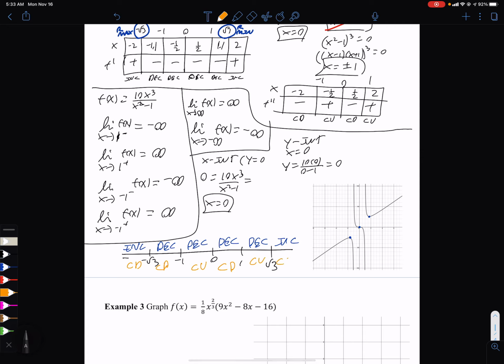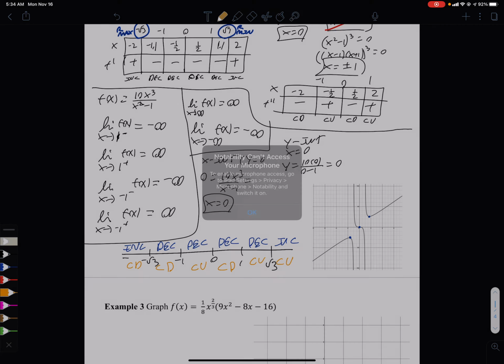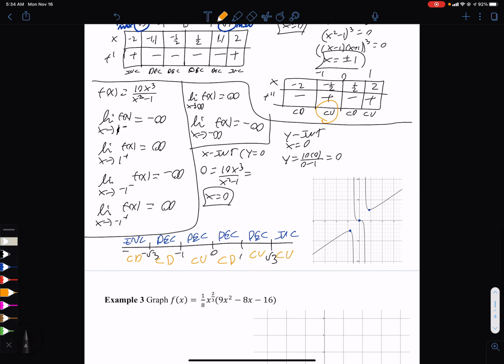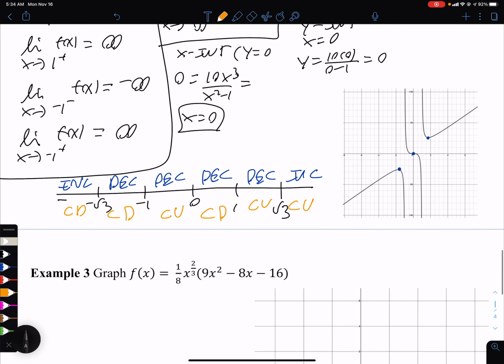Concave up, concave up. Now let's check to the left. Concave down to the left of negative 1. And then between 0 and 1, concave up. Okay, now we have it, and let's connect all these things together.